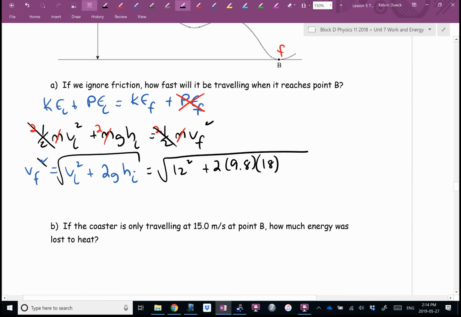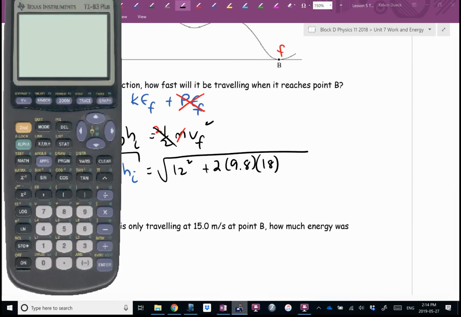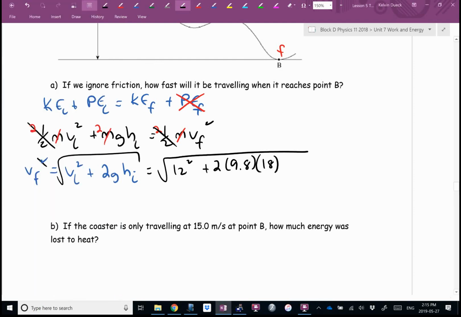This might work out nice. 12 squared plus 2 times 9.8 times 18. I take that back. Maybe not. You get 22.3 meters per second.